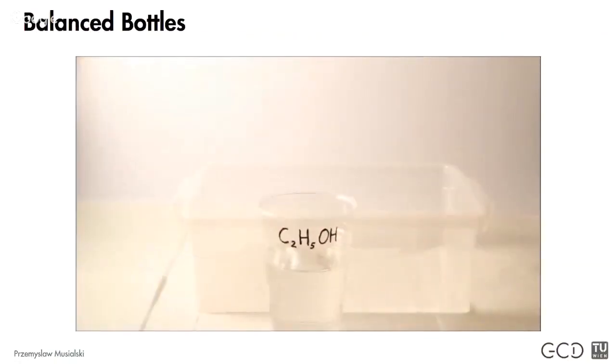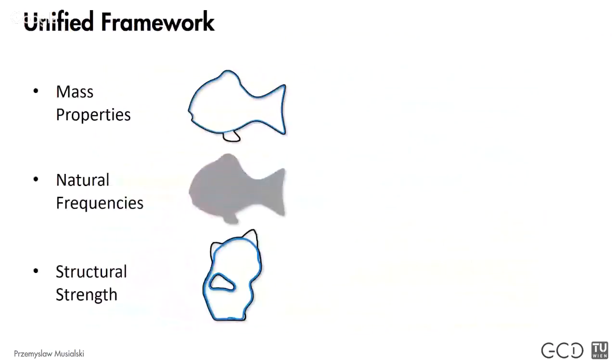So you could basically check the amount of alcohol in your drink in your pub, right? Okay, it was just fun. It was only to show how precisely we can control mass properties of objects. This was our SIGGRAPH paper 2015.